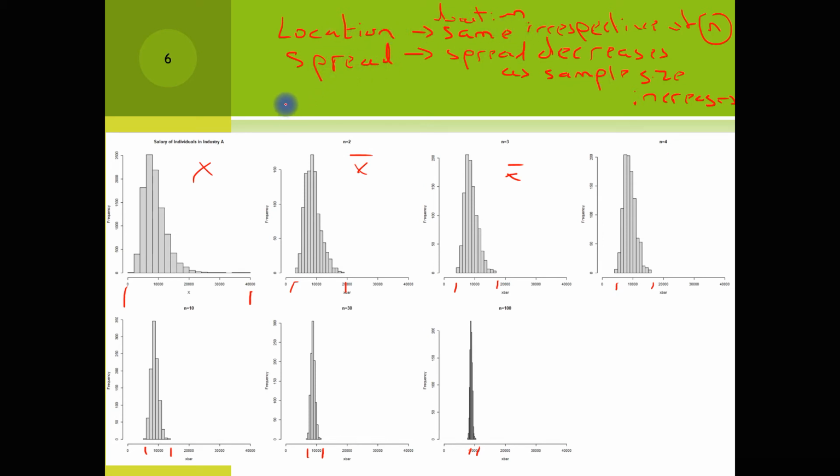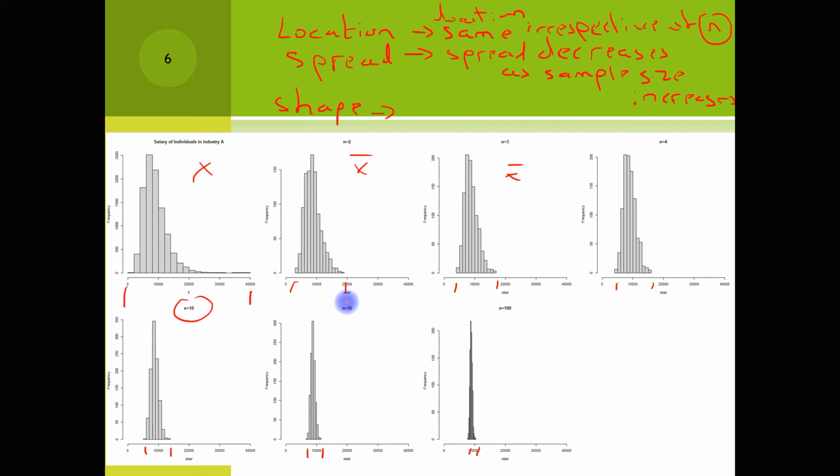And the last comment is the shape. You observed that in the beginning, look at this carefully, when the sample size is small, the shape looks still skewed a little bit, right? Even for n is equal to 10, there is still this small skewness.